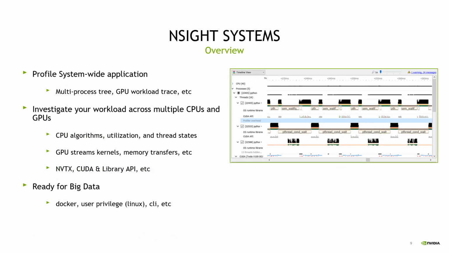NSIGHT Systems, as I was saying before, is a system-wide profiler. You can check the process trees, the GPU workload, the GPU utilization, the CPU utilization, all the threads and the streams that are used, all the memory transfers from the host to device and the way back, and all the interactions with the system calls.